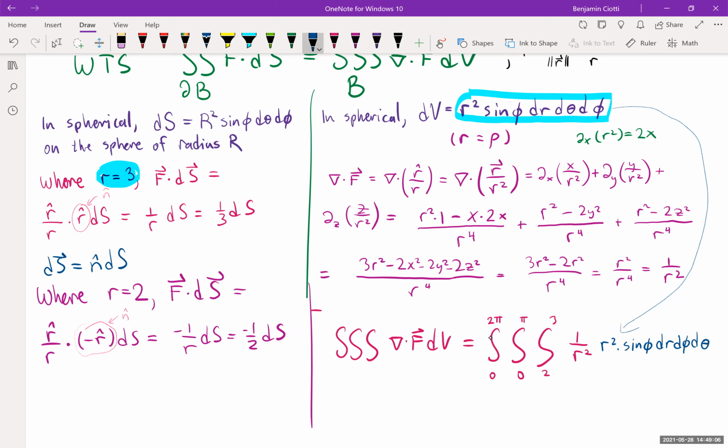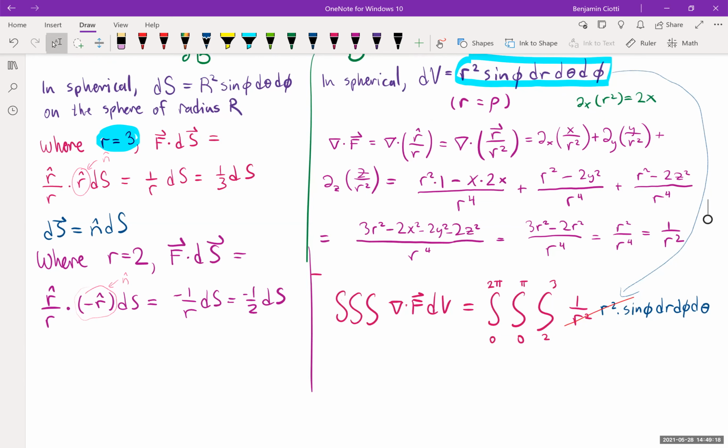So that's not a hard integral to compute. In fact, the r's even cancel. It's kind of nice. So we get that this is 2 pi times the integral of sine from 0 to pi, which is 2, as hopefully you all know by now.